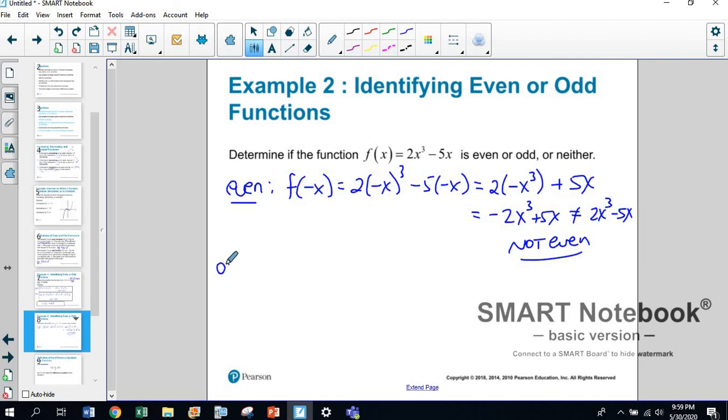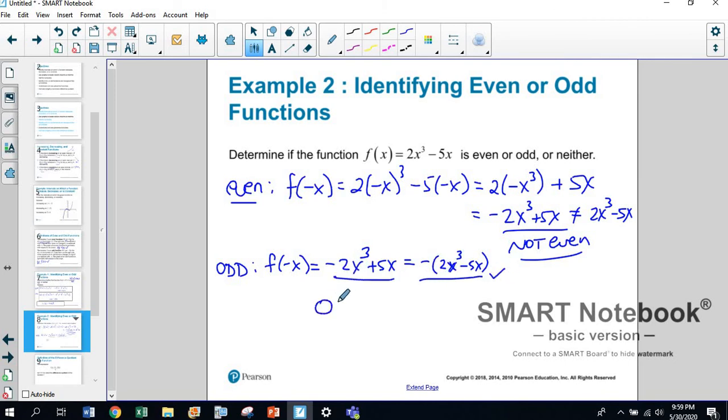So now test odd. You do the same thing, plug in f of minus x. What did we get? We got negative 2x cubed plus 5x, but guess what? That is the opposite of 2x cubed minus 5x. See, all the signs are exactly the opposite. And so that's true, so this is an odd function.